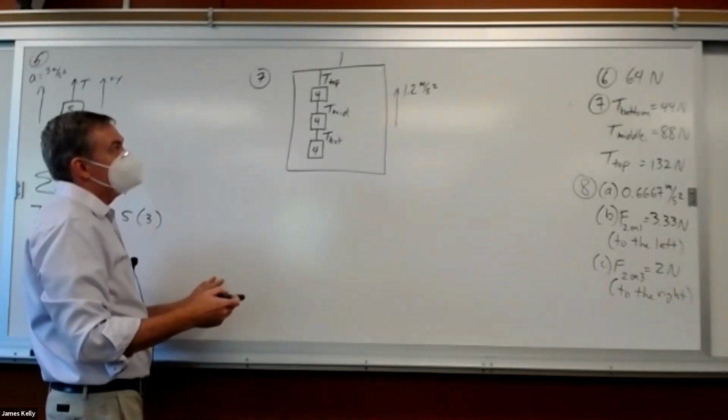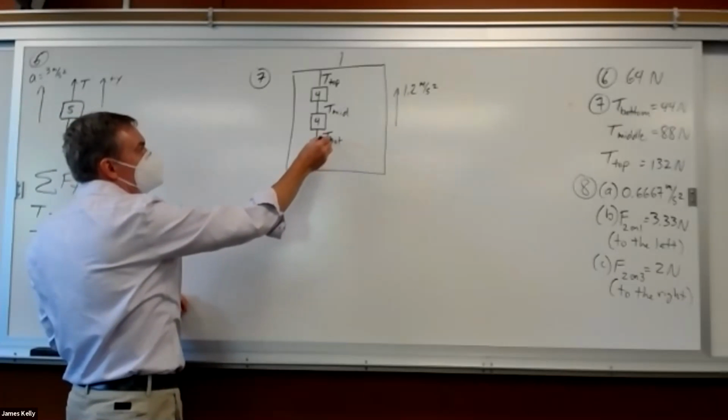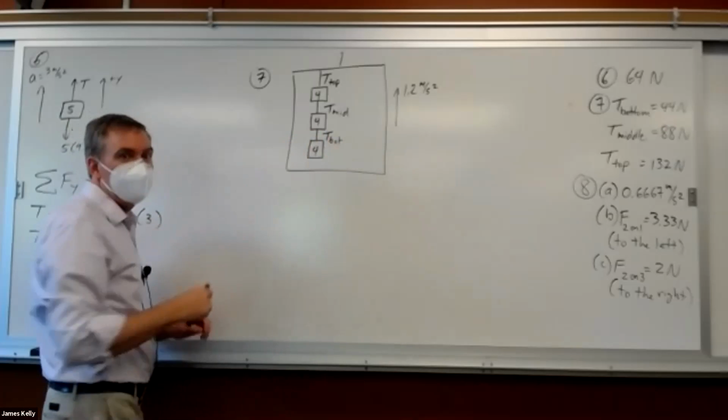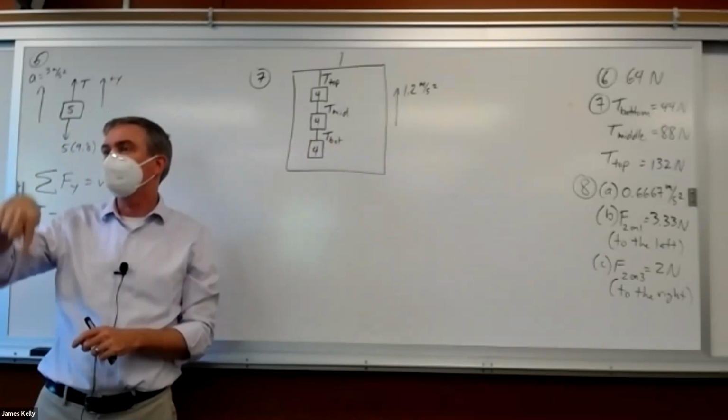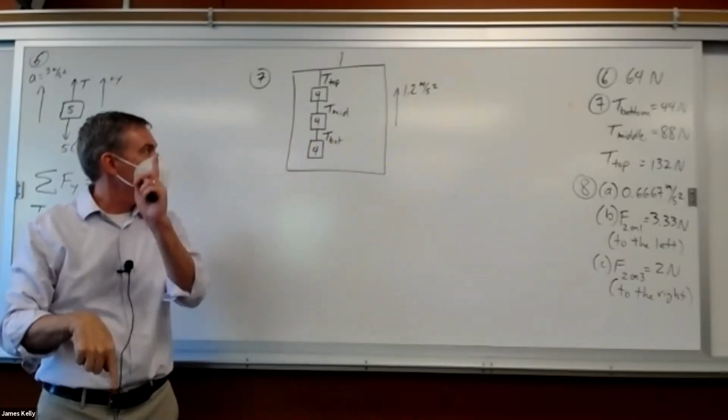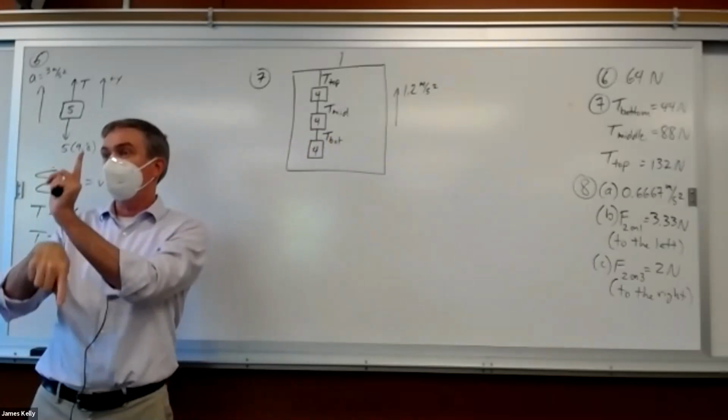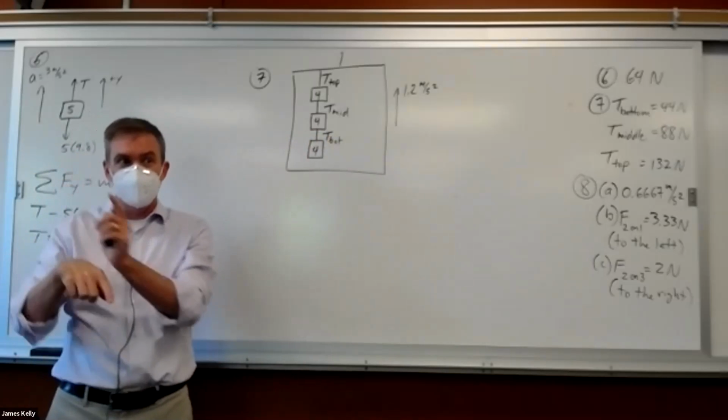Probably the easiest thing to do is to draw a free body diagram for the bottom one first. Why? Because it's only got 2 forces on it. It's got its weight going down, and the only other thing pulling on it is T bottom, right? That string on the bottom is pulling up on it.